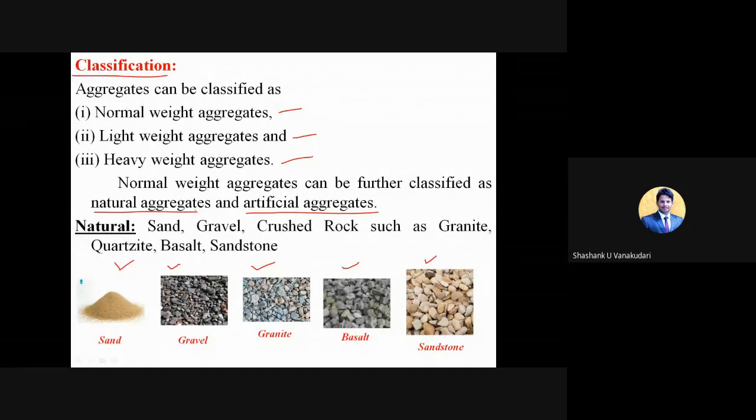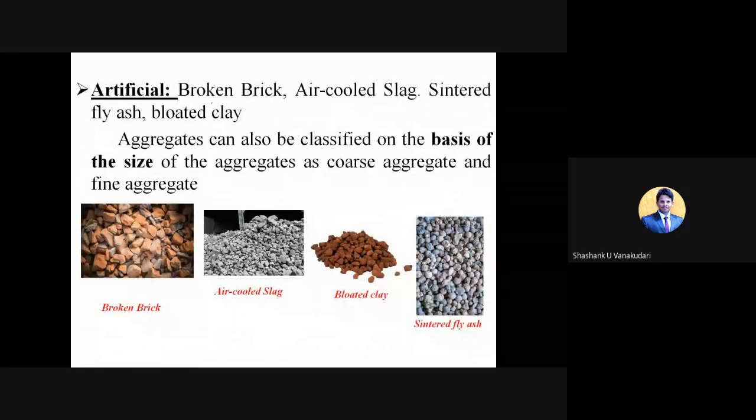Yeah. And then artificial, in the sense we bring that as per our requirement. For example, broken brick, which comes after construction and demolition waste, or whatever waste product is generated in the manufacturing process of brick. That also we can consider as coarse aggregate. But it is a prepared, manufactured one, not naturally available, like broken brick. And even you can see air cooled slag.